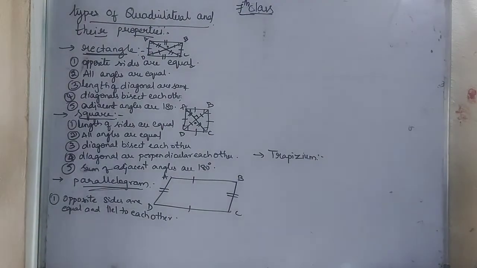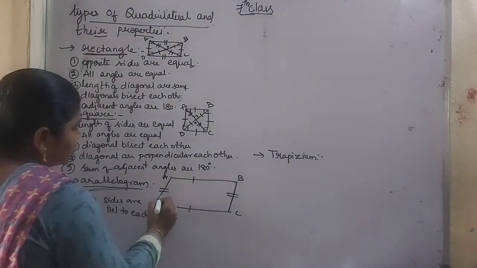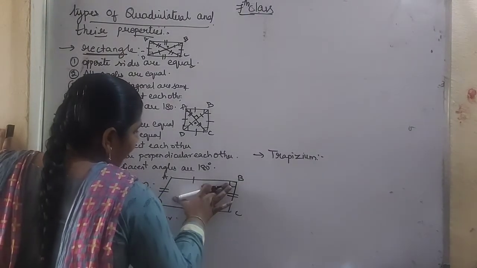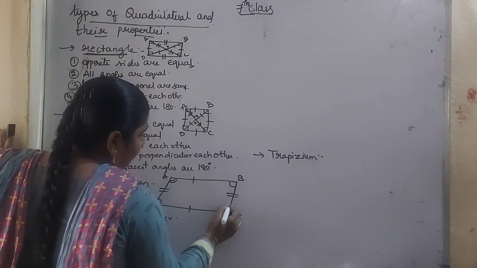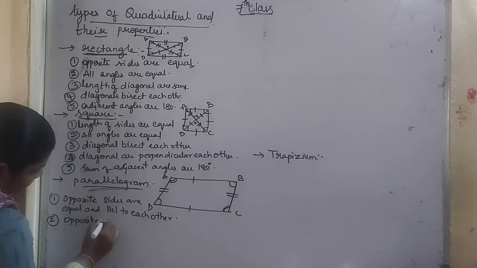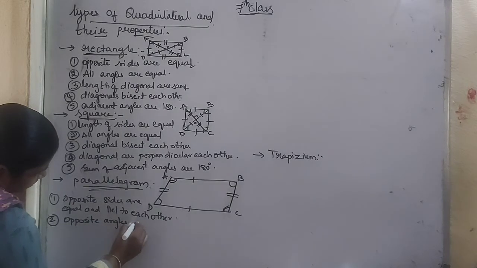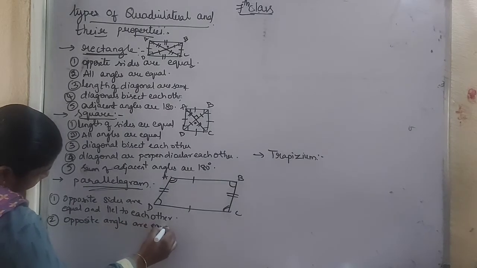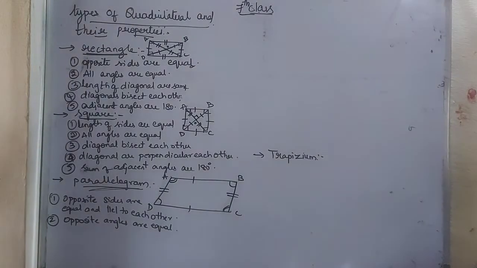And the second point is opposite angles will be equal. So these two angles will be equal and these two angles will be equal. So opposite angles are equal.